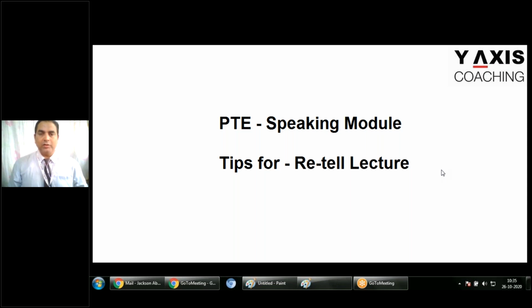Once again, there are 3 scoring parameters for this. The 2 main ones are fluency and pronunciation, 5 points each, that means 10 points, and 5 points for the content. But unlike describe image, this time there is no additional 1 point kept for your concluding statement, which means the conclusion is not that important because you are already summarizing the information.